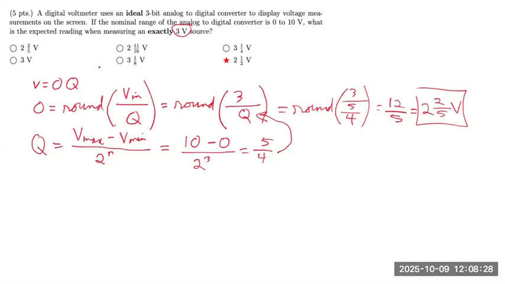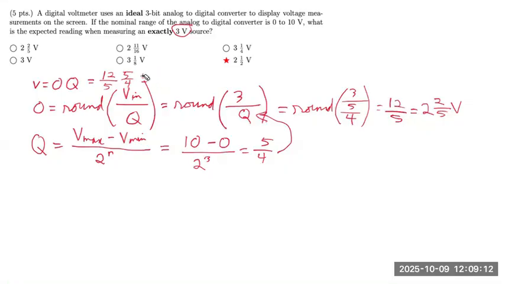And this is actually not all that we have to do. We have to plug it in for this. So V is equal to 12 over 5 times 5 over 4, which is 12 over 4. Wait, hold on, let me see if I did that correctly. Actually, I did it wrong.